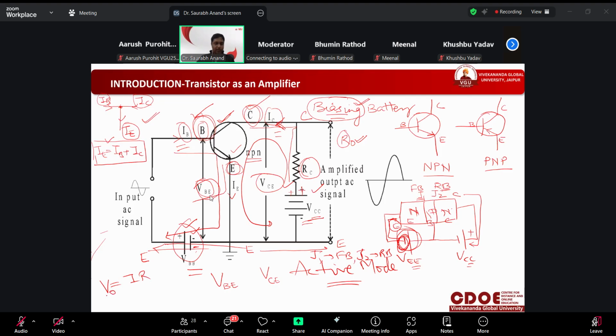We want V out, that is the output voltage, so we should have a resistance, that is R out, and the current flowing here will obviously be IC. So IC will be multiplied with R naught. The current flowing through it is in this direction, IC. So IC into RC, according to this circuit, will be V out. If we write R naught, then we write IC R naught. Got it?